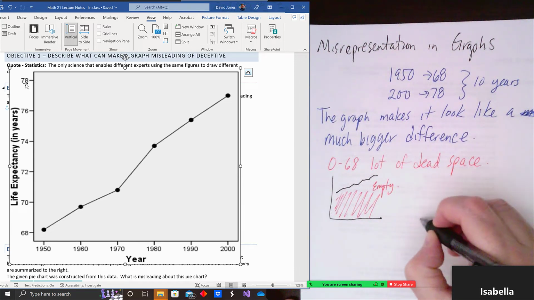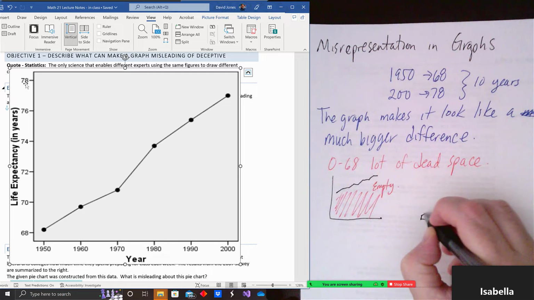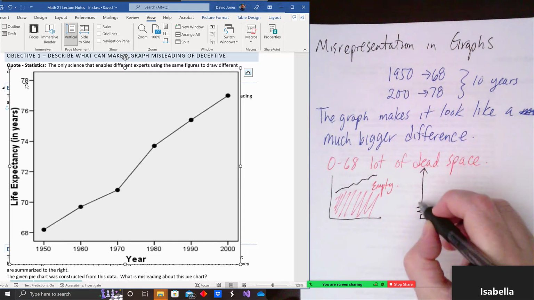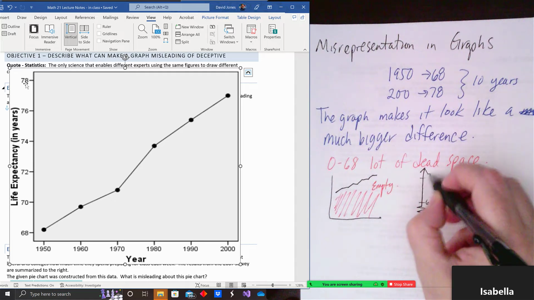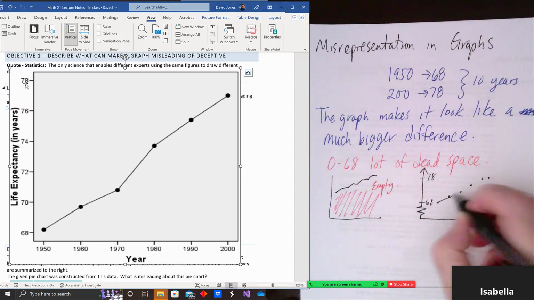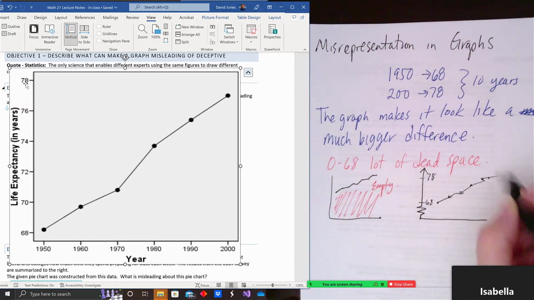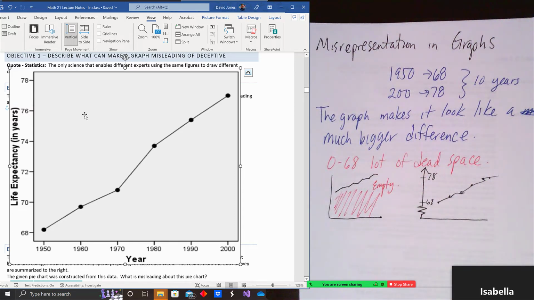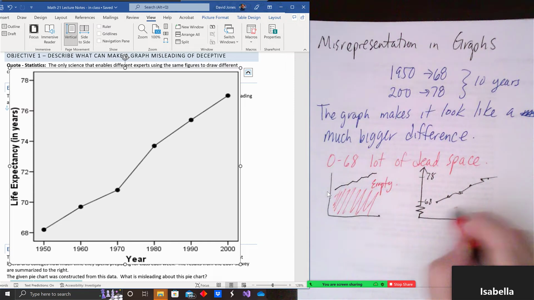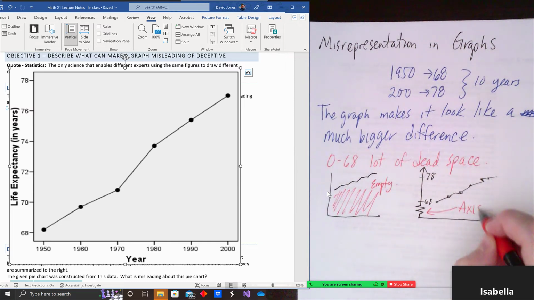One way of doing it is this. On the left side, make a little ripple in the line like that, and then start at 68 through 78 and do the lines. It still shows up pictorially like this big graph right here, but this ripple in the axis brings attention to it.